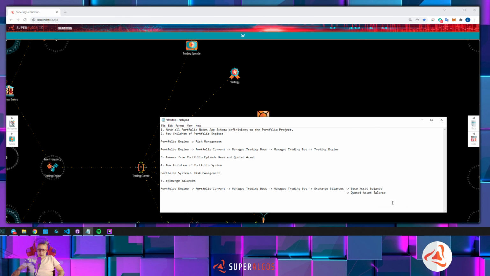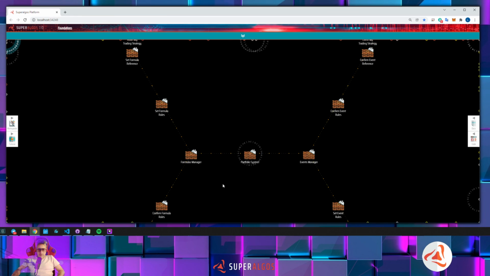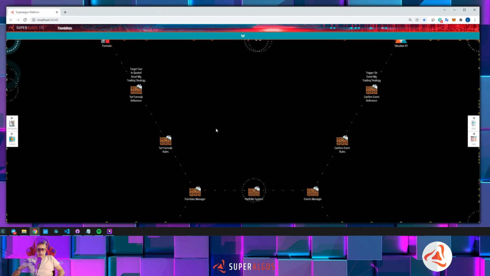Okay, so the order would be: the portfolio manager, the first thing that it does is go to the exchange and get all the balances when it wakes up at each candle. It completes that data structure with all the balances. When it has the balances, it makes all the risk calculations. When it makes all the risk calculations, then it opens the windows for checking in and checking out.